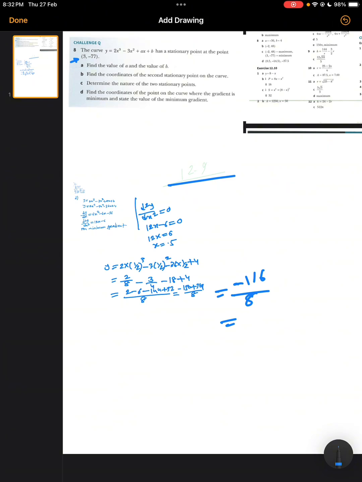Now there is no way out without using a calculator. Minus 116 over 8, yeah, minus 14.5.